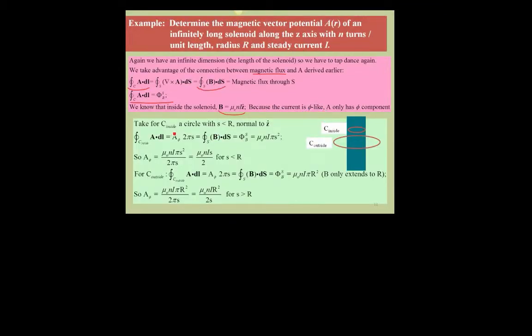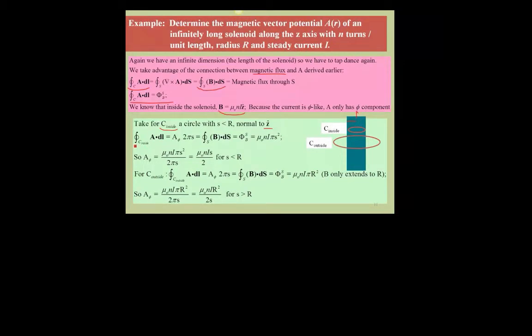If we take a C inside the solenoid, where the radius is S, which is less than the R of the solenoid, then we have a path which is normal to the z-hat, and z-hat would be along the axis of the solenoid.